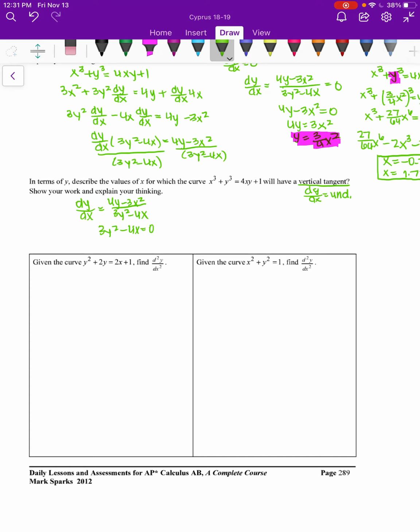Now I just want to solve for x. So 3y squared equals 4x, and x is equal to 3y squared over 4. So when x is 3y squared over 4, our tangent lines are undefined. They're vertical. And we're good to leave it like this because it asked us to do it in terms of y.